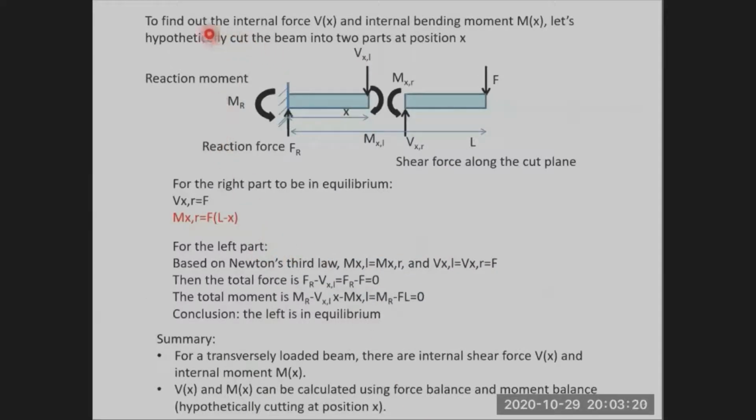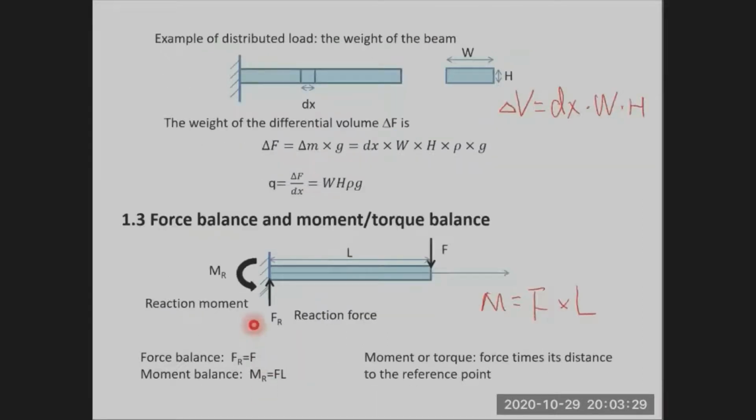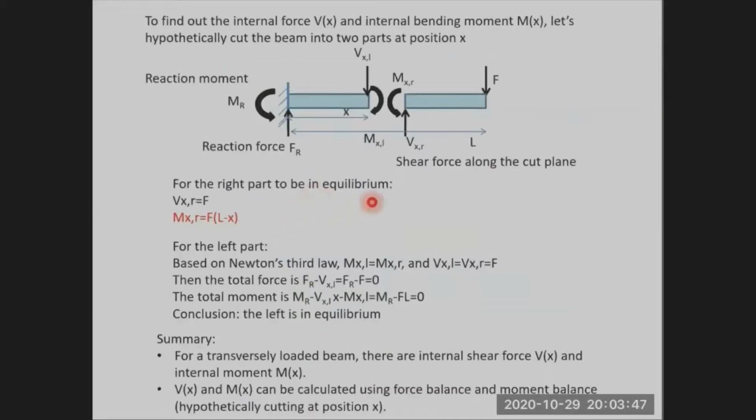Next, let's try to find out the internal force Vx and internal bending moment Mx. In the previous slide, we only found the force and the moment that occur at the anchoring point, at the fixed support. Next, let's find the internal force and the internal bending moment.